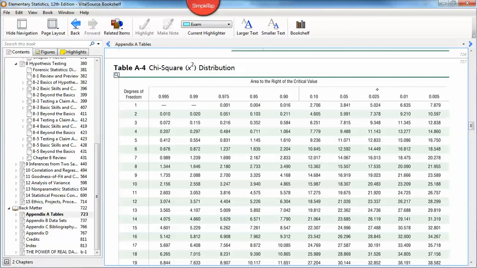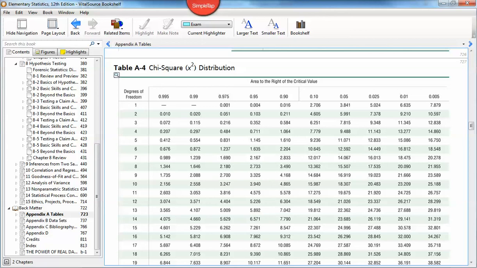So for the problem we were just looking at, we would use this column to get your chi-square sub r, the one that has 0.025, because that was the area to the right. To get your left chi-square critical value, we would use this column, 1 minus 0.025 or 0.975. And then it would depend on our degrees of freedom for the problem.